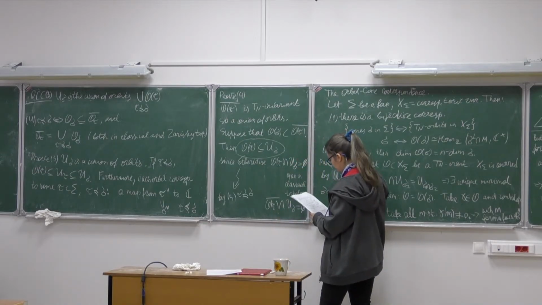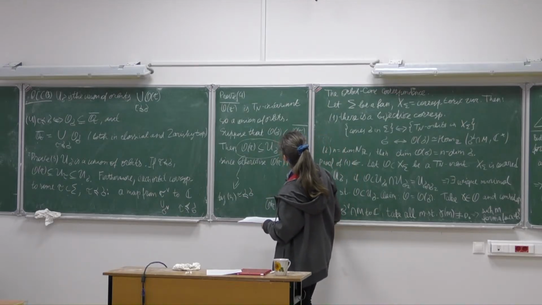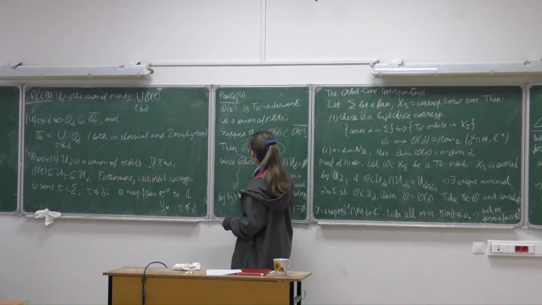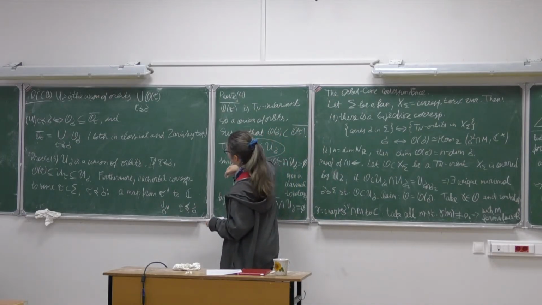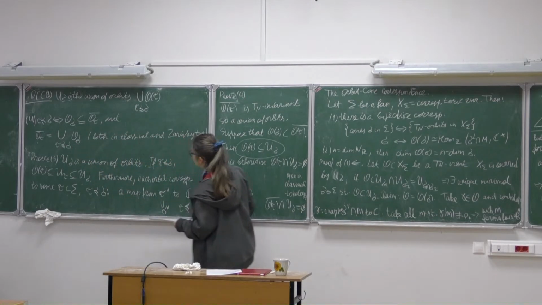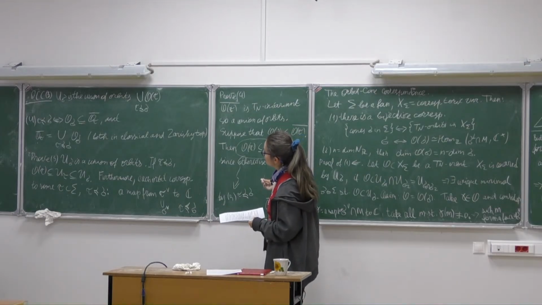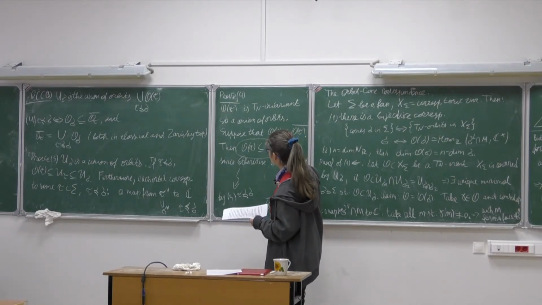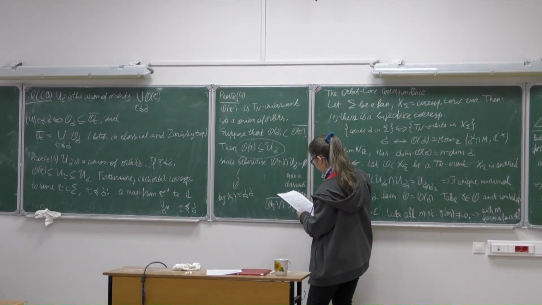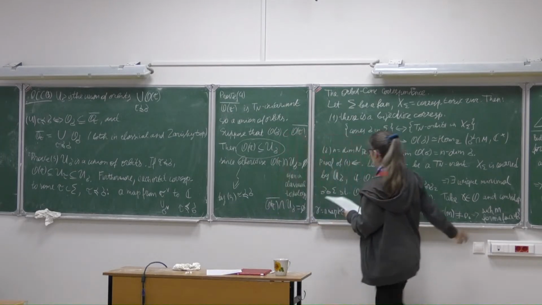And conversely, let us show that for each face tau, we have this. If sigma is such that tau is its face, then O sigma is in the closure of O tau.